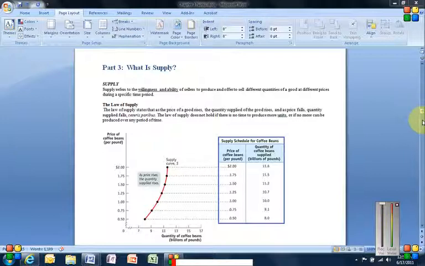So just like with demand, there's a couple of different ways to show this, and in this case the most common way that we do so, just like with demand, could be through a supply schedule and a supply curve.